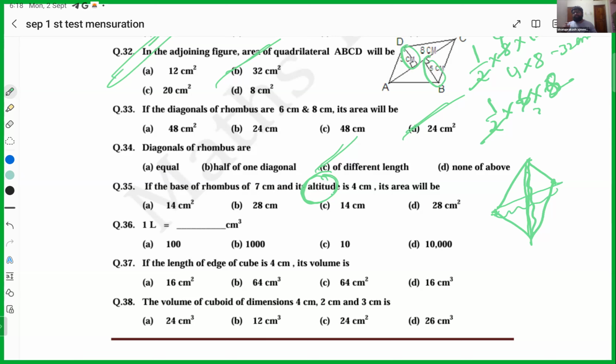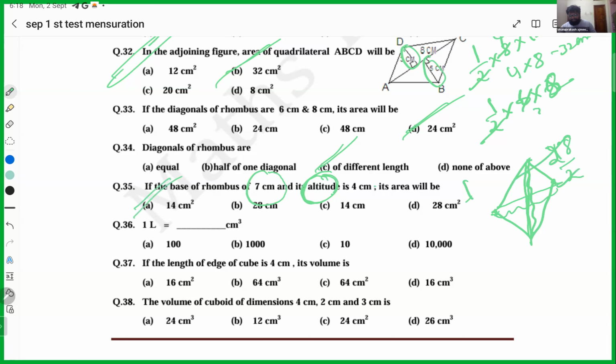So altitude itself means height. So base into height. That's the reason why I gave you the question here. So base of the rhombus is 7 centimeter. That is 7 into 4, that is 28 by 2, that is 14 centimeter square.